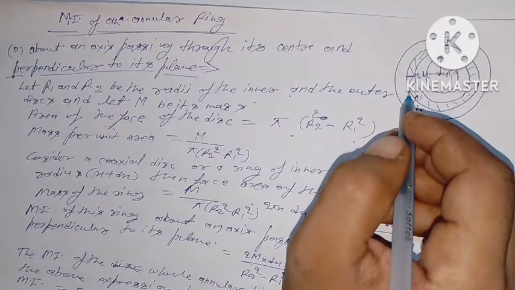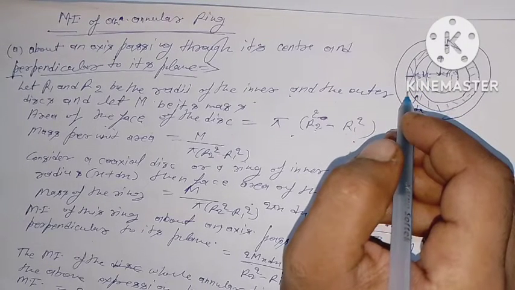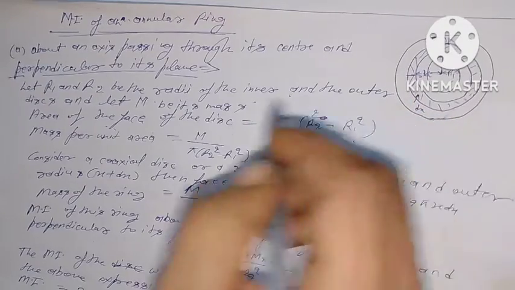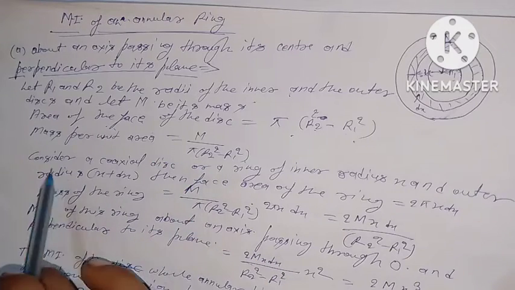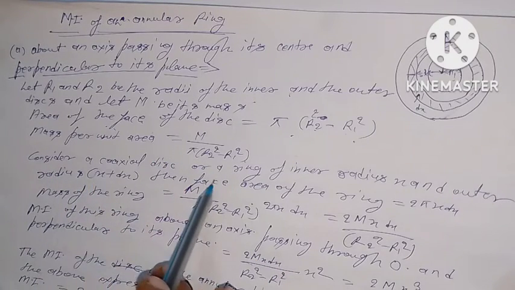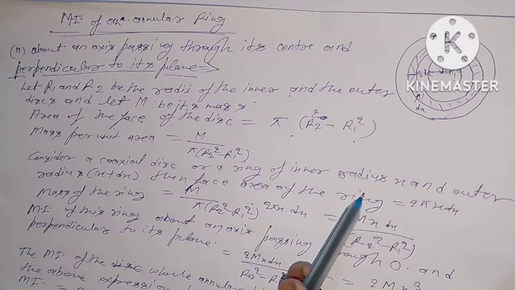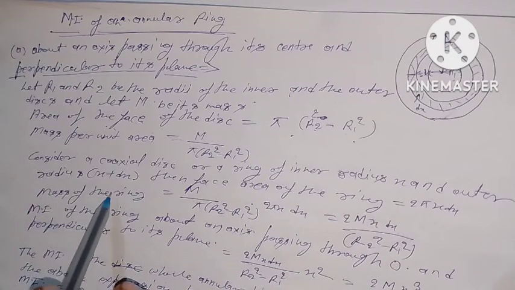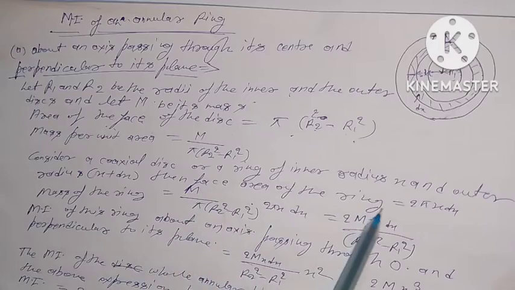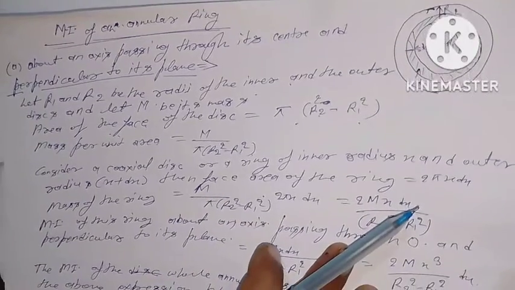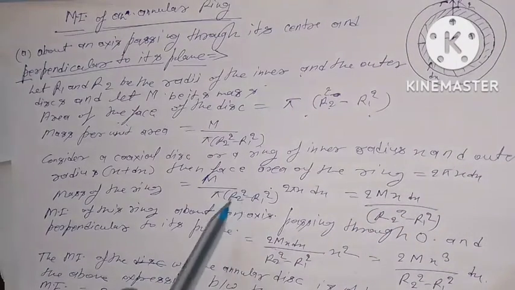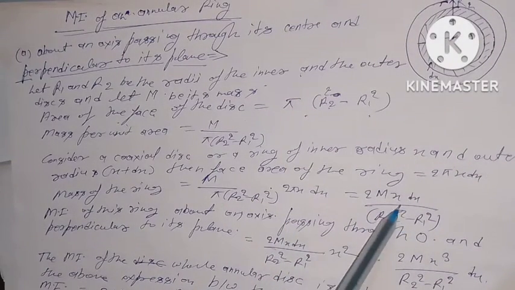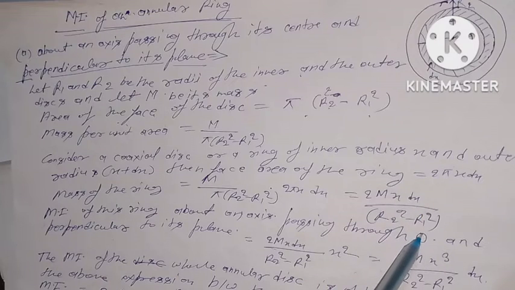The mass of the ring is the mass per unit area, M upon pi (R2 square minus R1 square), times the face area, that is 2 capital M x dx upon (R2 square minus R1 square).